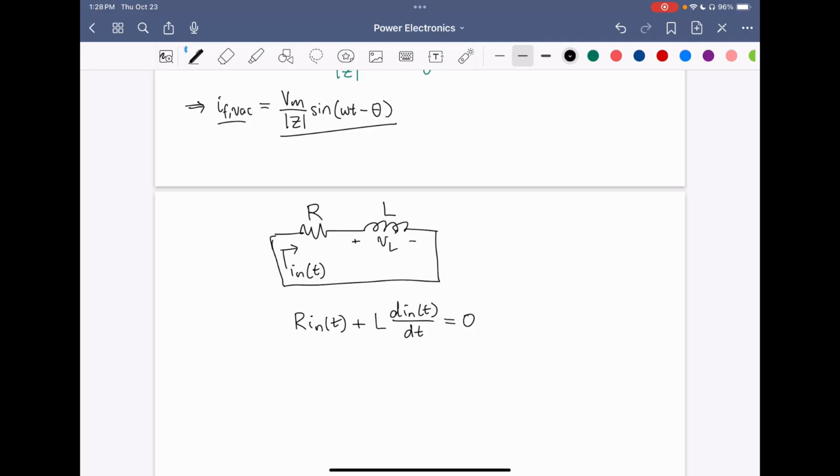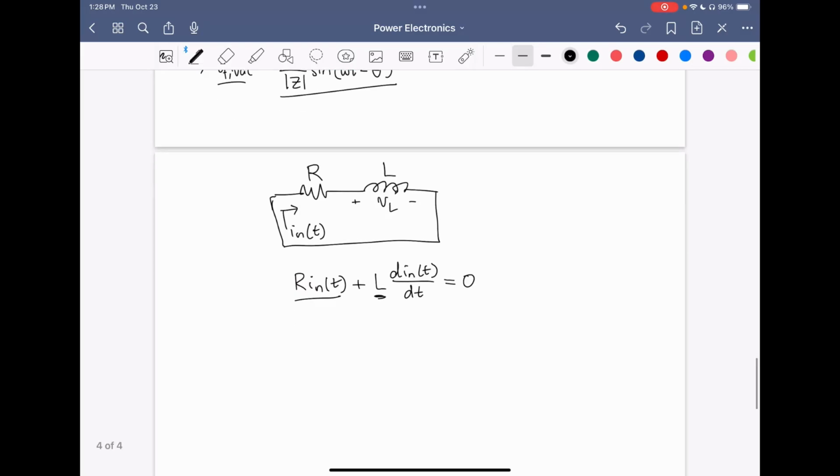So this differential equation is I_n plus the derivative of I_n scaled by some constant equals 0. So we know this is going to have the form of an exponential.